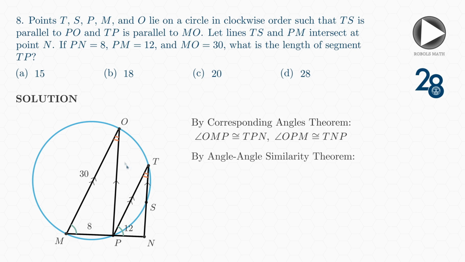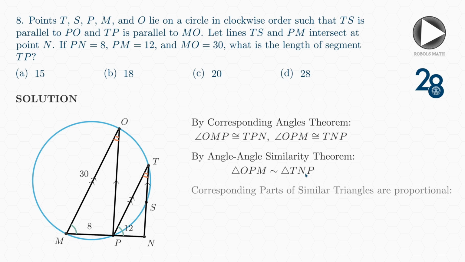And then because we have two angles that are congruent, by angle-angle similarity, we know that OPM should be similar to TNP. That's the angle-angle similarity theorem. So we know that they are similar.